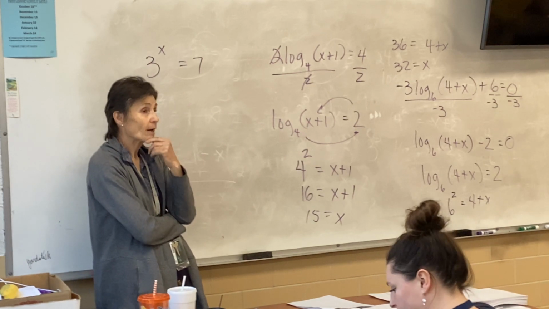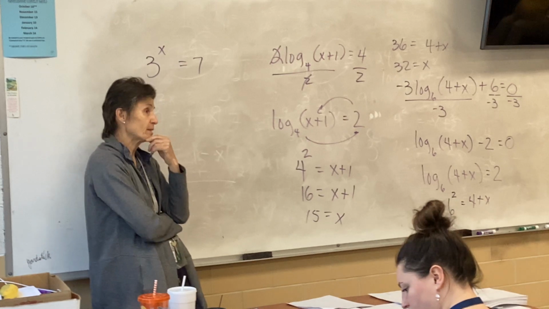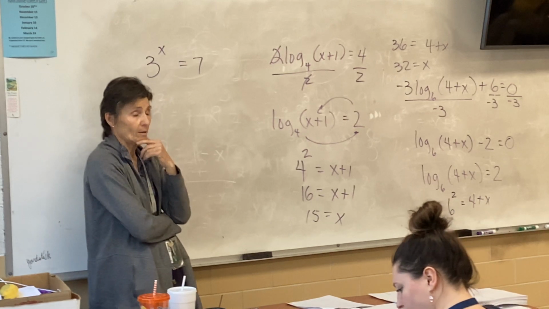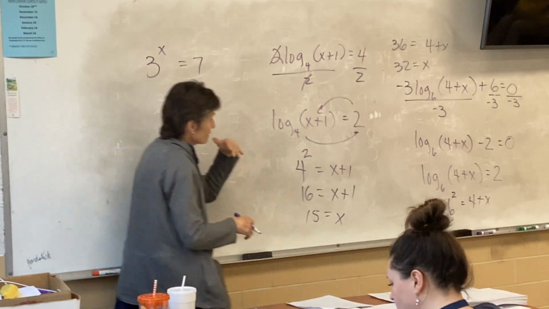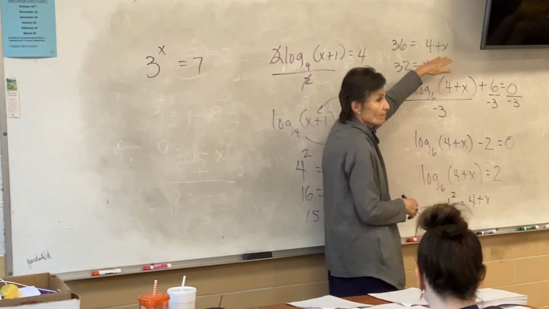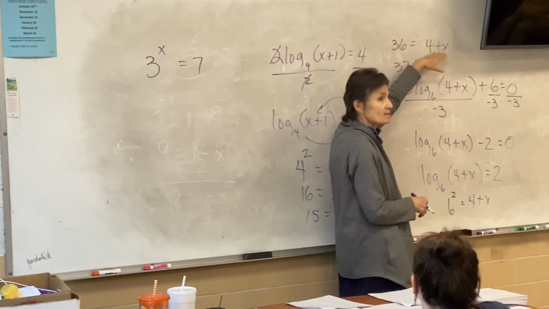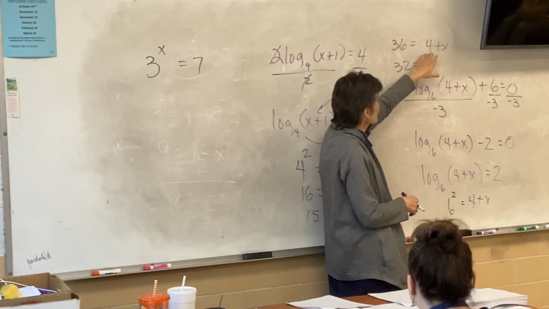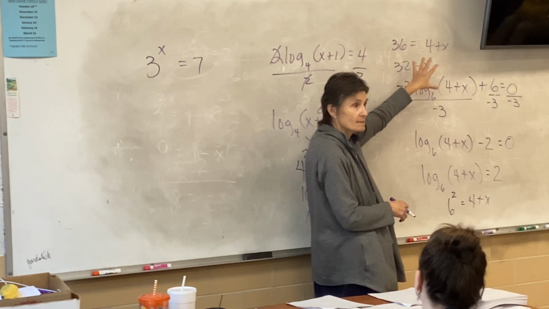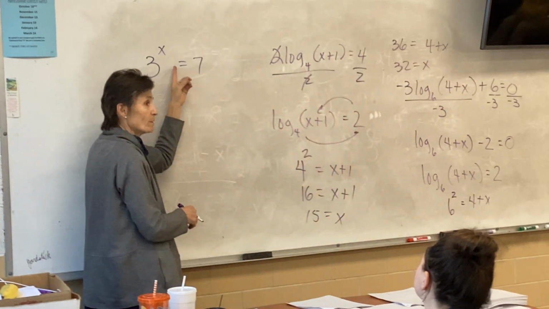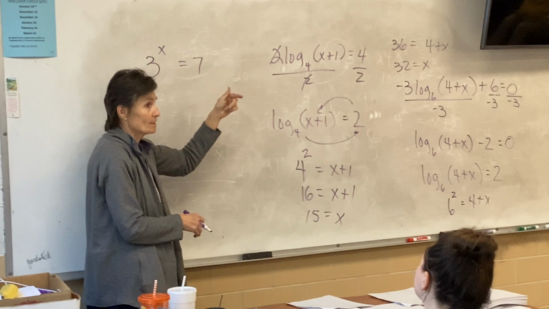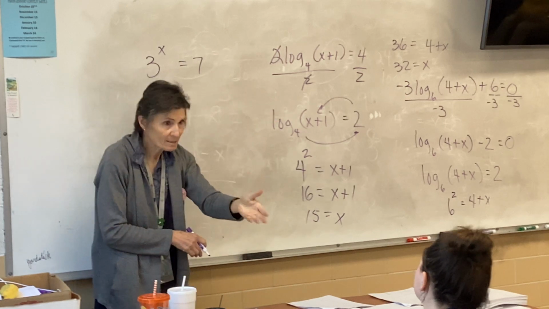Now, how do we do that, even with a calculator? Well, the issue is, let's just look at this equation right here. This was easy to solve, because all I had to do was subtract the 4 from both sides. When x is an exponent, things are a little tougher, because I'm not just going to subtract something.